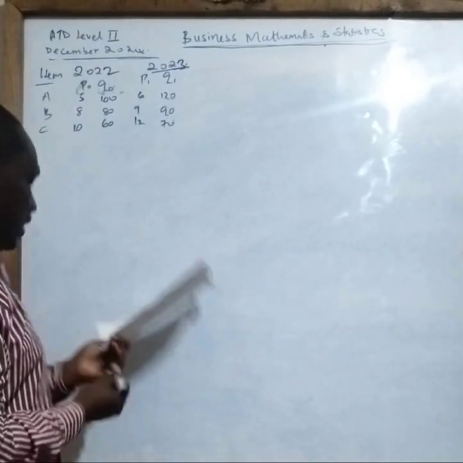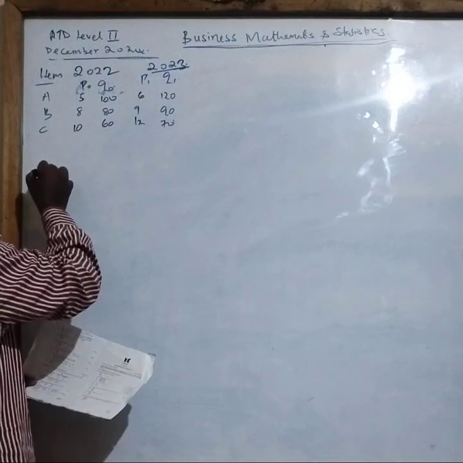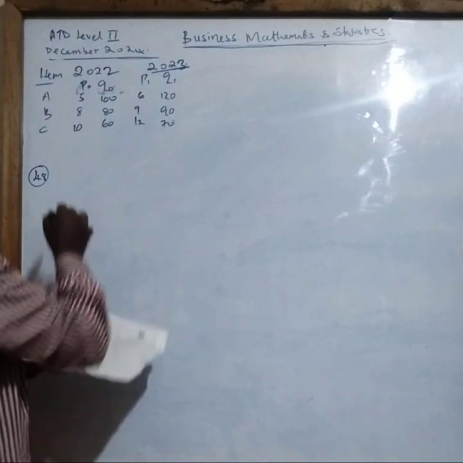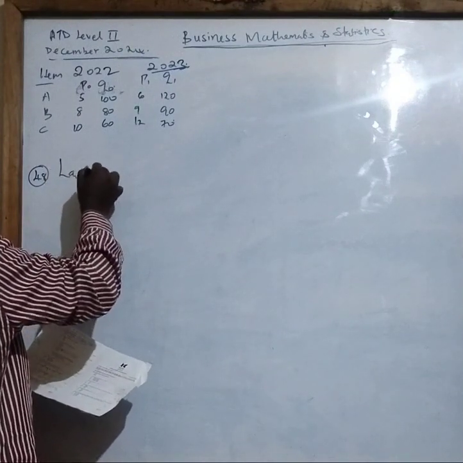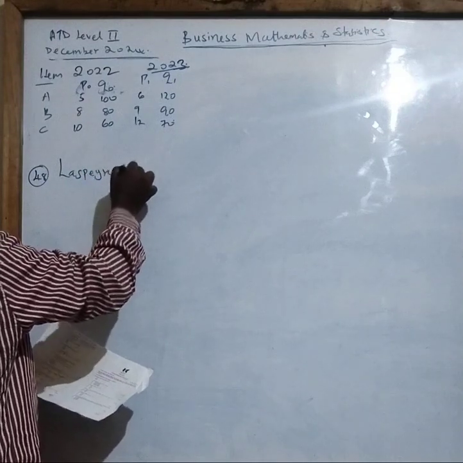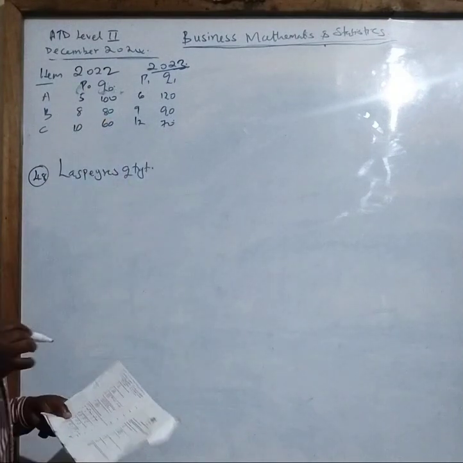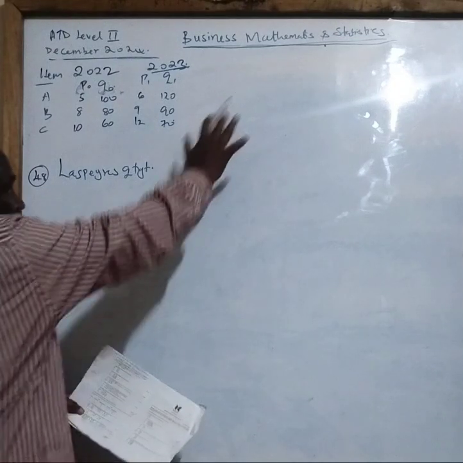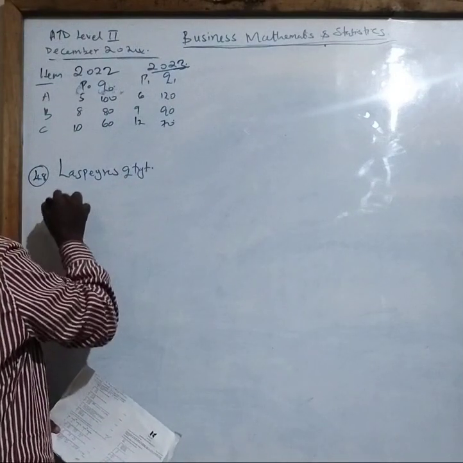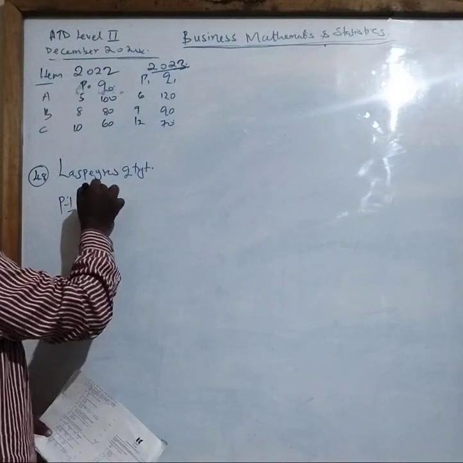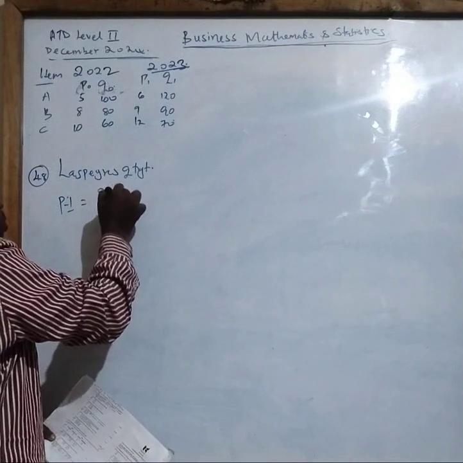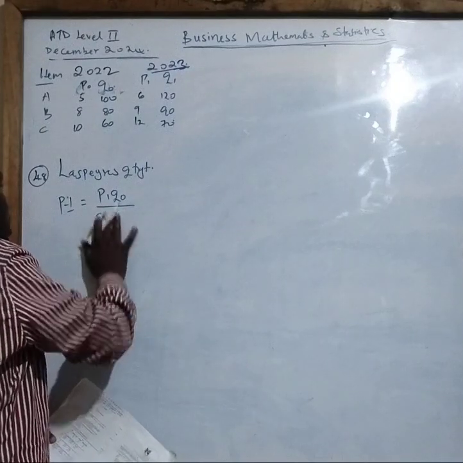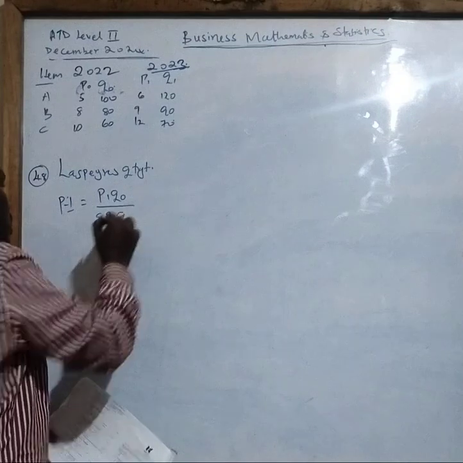Now, before I draw that, let me say number 48, it says calculate the Laspeyres quantity index. Here, I want to give the two formulas that I will use. The Laspeyres price index is given by the summation of P1Q0 divided by the summation of P0Q0.